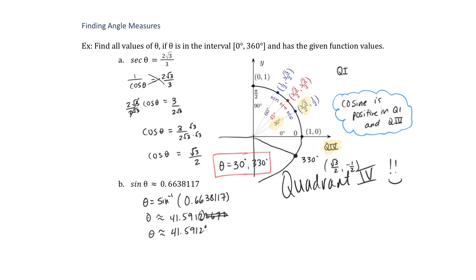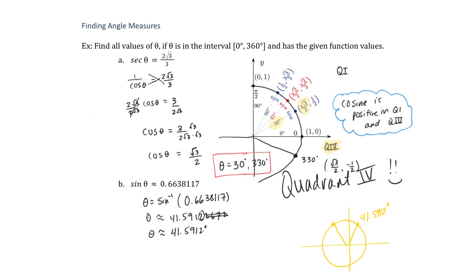And then we have to find our second angle, and so we look to see where sine would be positive, and since sine is the y, our first angle was about 41.59. The second one is going to be another spot where we have a similar sine value in quadrant 2.